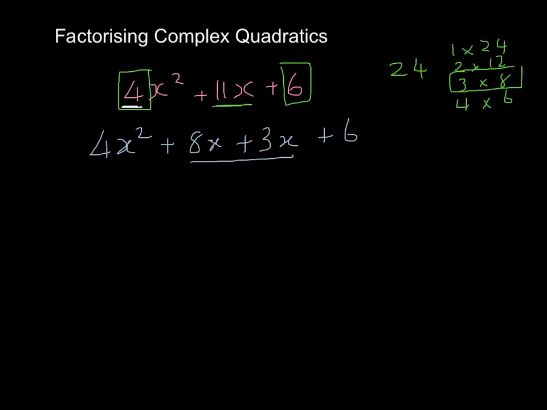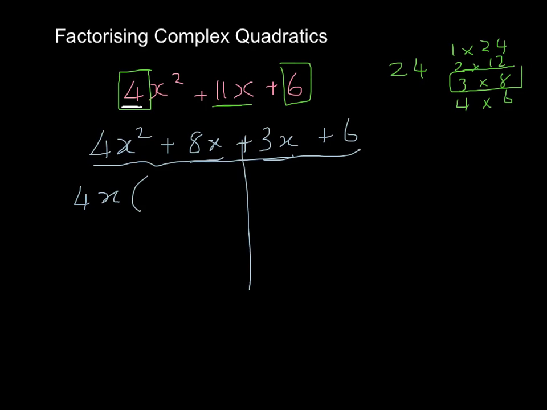Now these are kind of pairs. You can see this first one is a pair and the second one's a pair that we can factorise. So the first pair, I can take out the 4 and an x in the front.